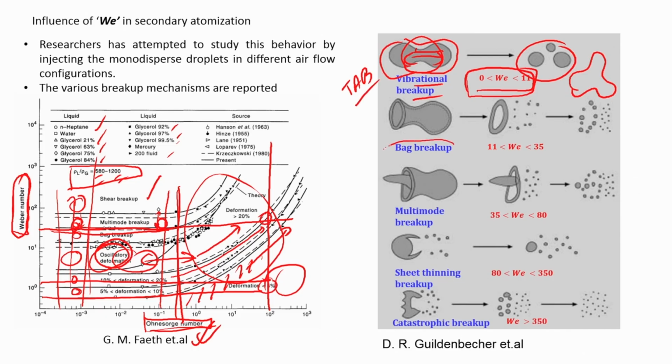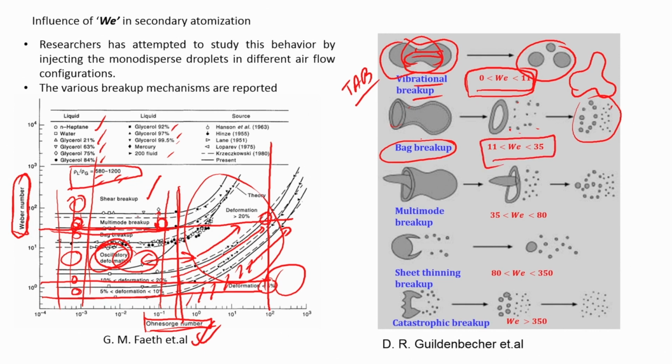There is something called a bag breakup, that means you can see that the droplet becomes like a pouch, and then it inflates like a balloon, and then it atomizes from this rim, and you get all these smaller droplet sizes. This happens at a progressively higher Weber number.